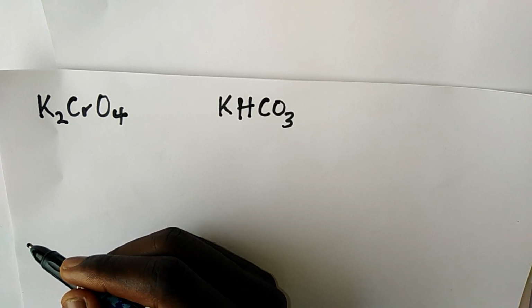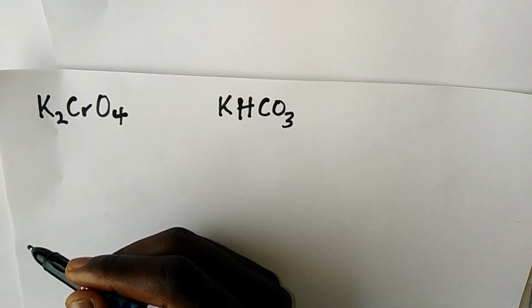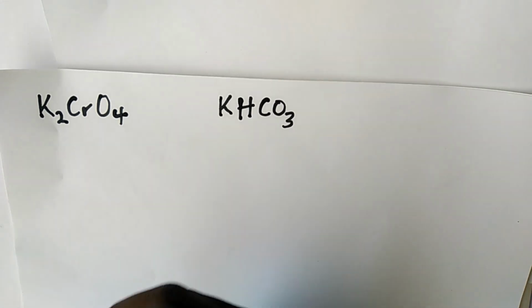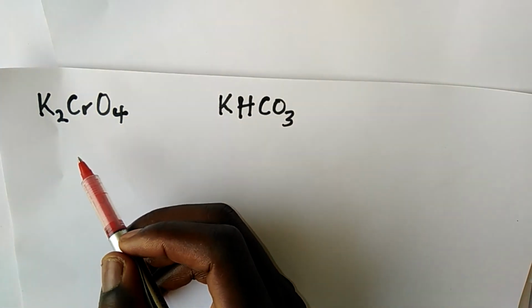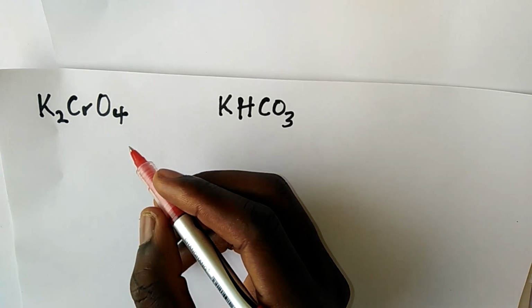Therefore, we know that in this particular example, oxygen is going to be more electronegative than potassium and chromium, right? Because chromium is directly attached to oxygen, and oxygen is more electronegative.